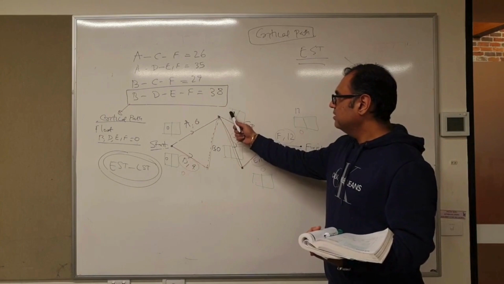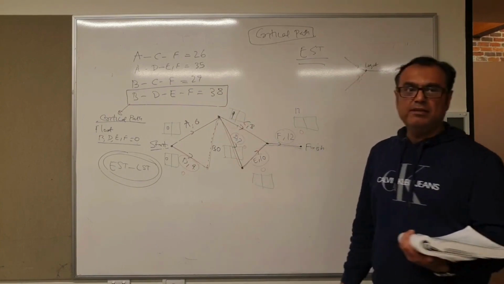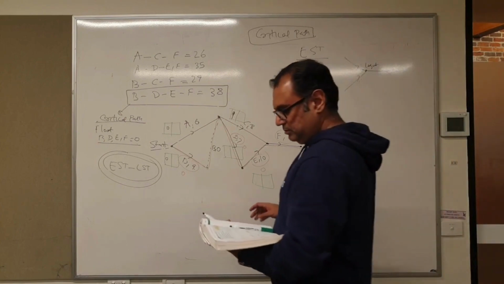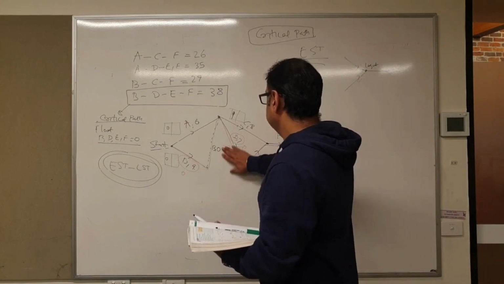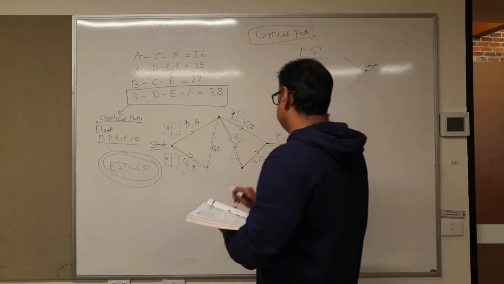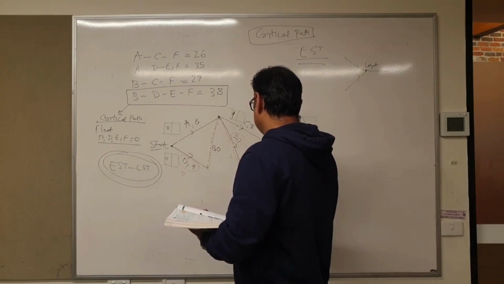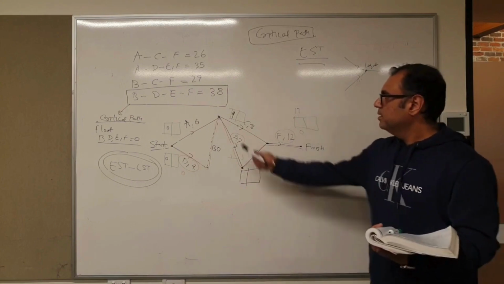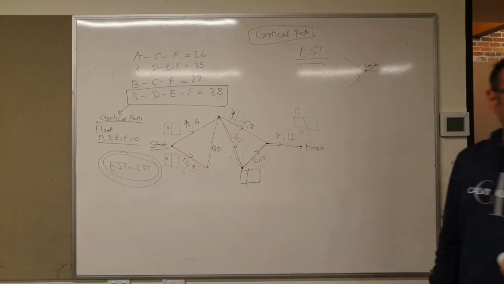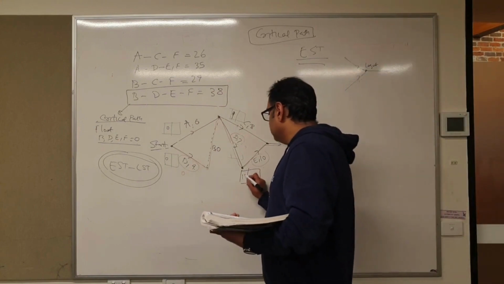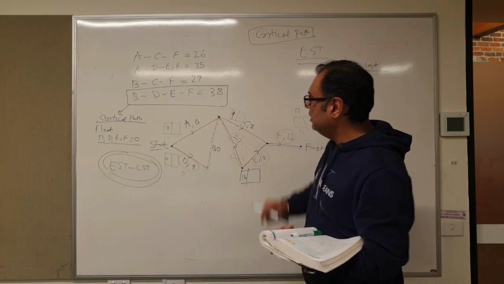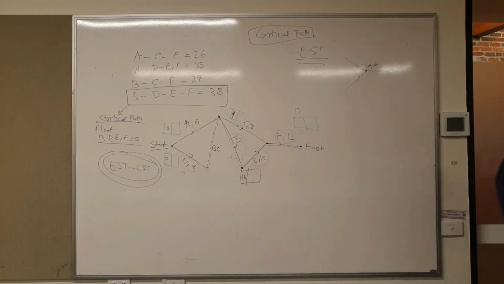From 9, you spend another 7. When you reach here, 9 plus 7 is how much? 16. You write 16 because there is no other connection to E from D. Right?